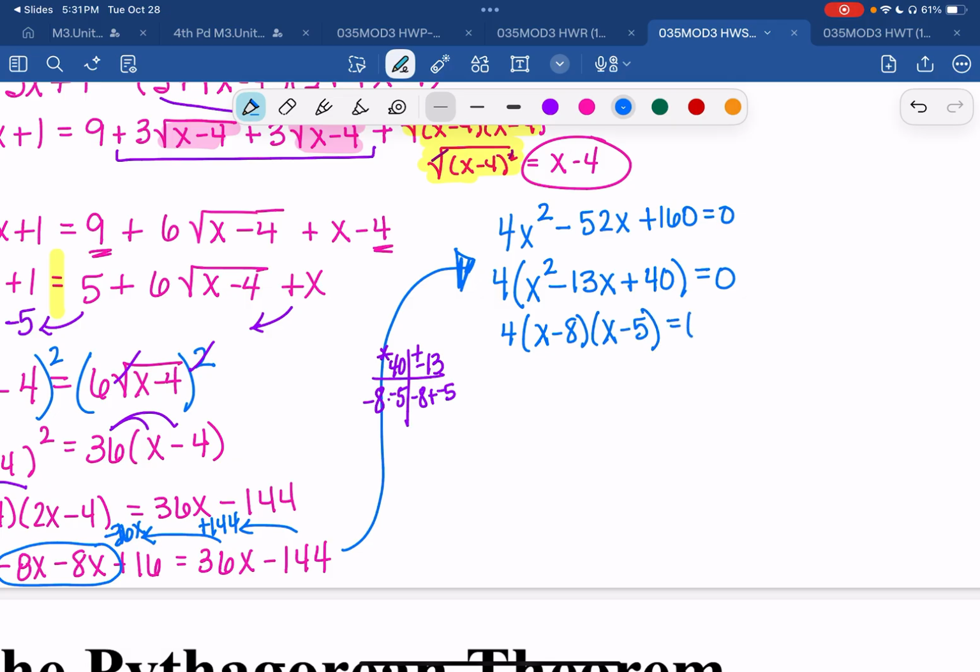If you need a refresher on factoring, you can go back and watch that video. Okay, remember, 4 equals 0 doesn't make any sense, so I can throw that out. x minus 8 equals 0, and x minus 5 equals 0. That means that x equals 8 and x equals 5. So I've got 2 answers here.